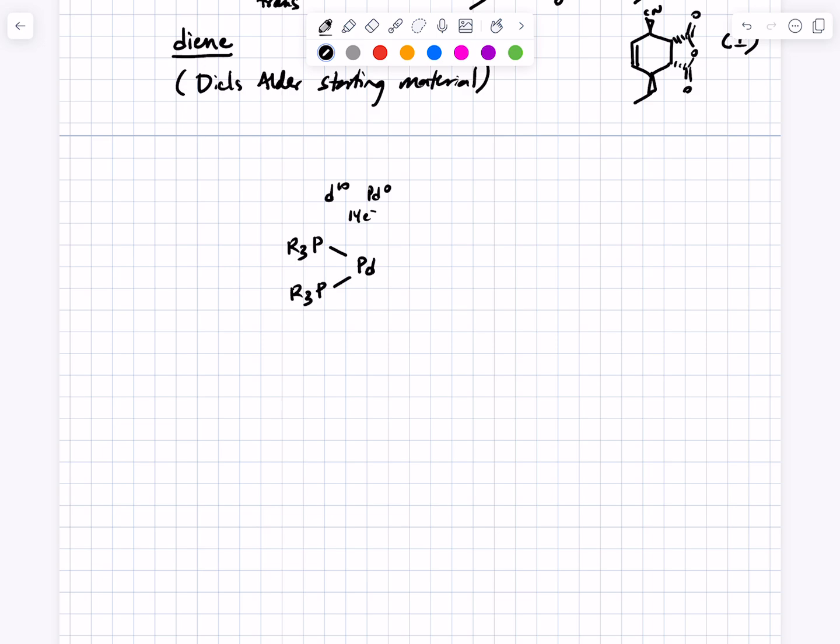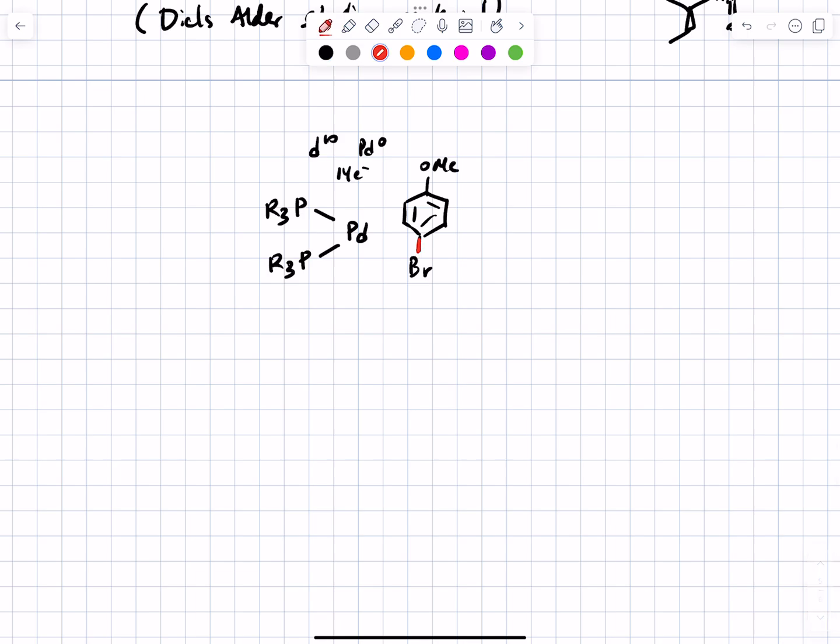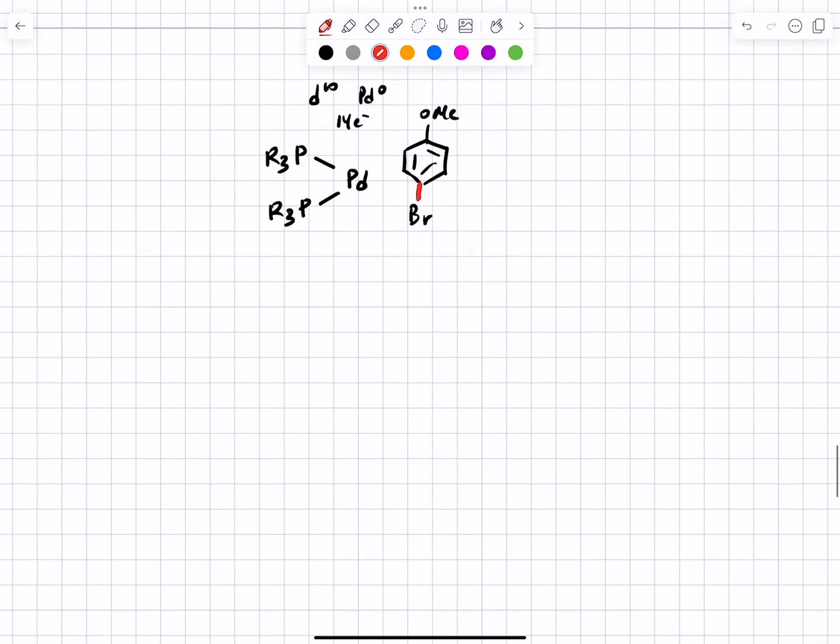Here is the halide, and here is the benzene ring with the OMe group. The palladium is going to do oxidative addition with that sigma bond. The palladium is going to insert between the bromo and the carbon. We're going to end up with an intermediate that looks like this.